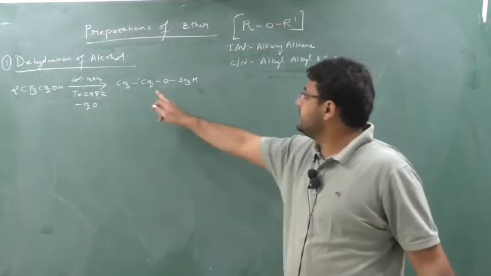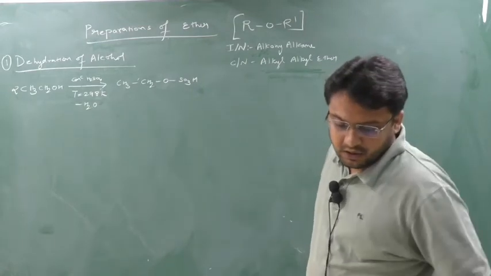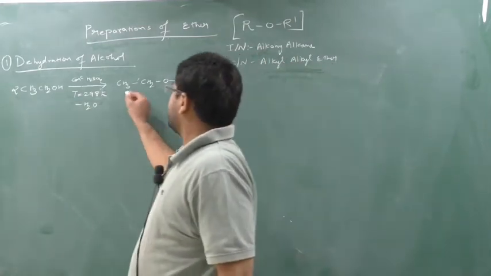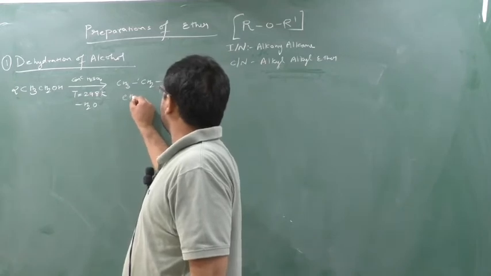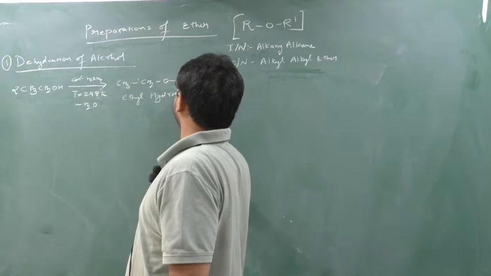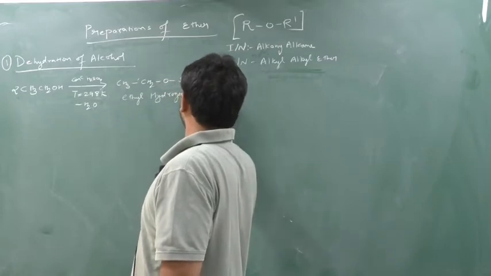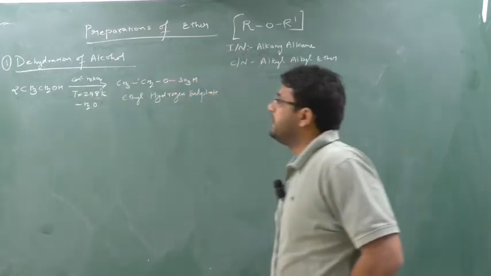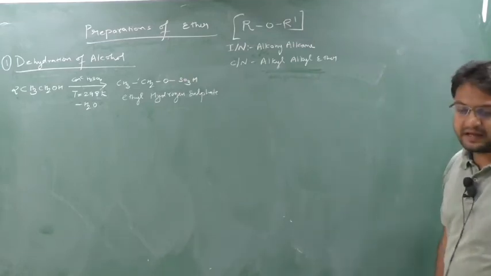I will generate ethyl hydrogen sulfate. Okay. Clear? So it is ethyl hydrogen sulfate, when I am taking the temperature as 298 Kelvin.